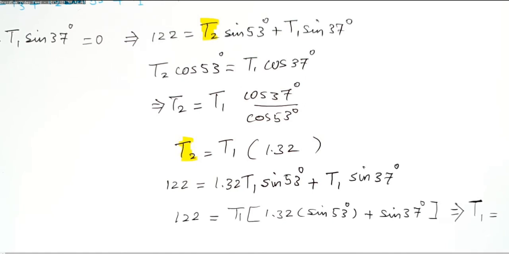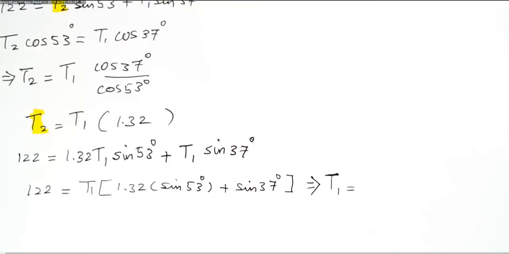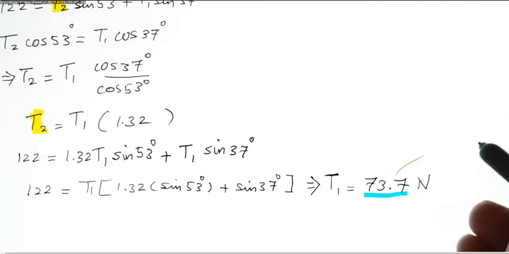Any volunteer? 73.7. I got 73.3. So 73.7 Newton, and let's put a mark to check the numbers.